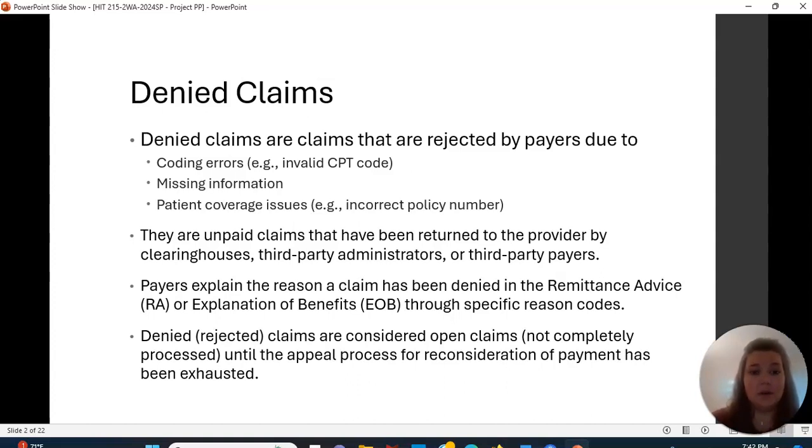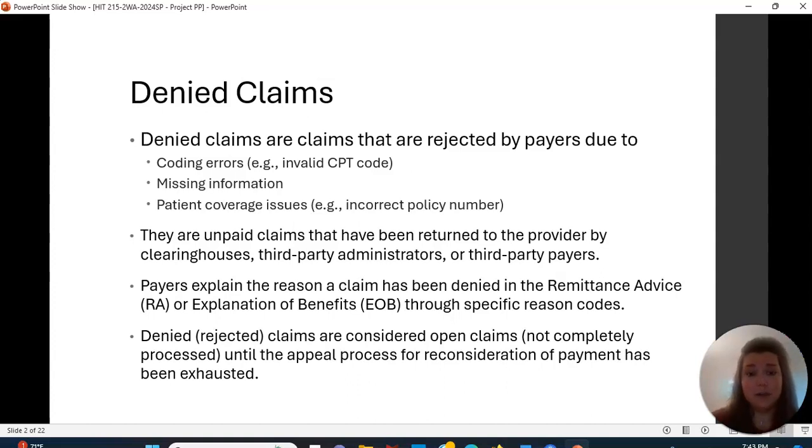Denied claims are unpaid claims that have been returned to the provider by clearinghouses, third-party administrators, or third-party payers. So when a claim is submitted, it will go through processing and adjudication, and then the payer will send back a remittance advice explaining the reasons that a claim has been denied.